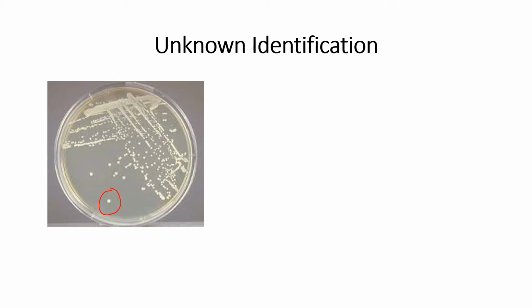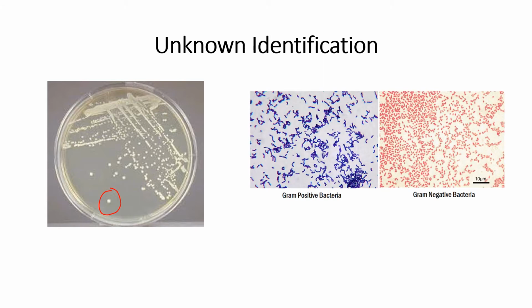Often, after a streak plate has been performed, the next process is a gram stain. A gram stain is going to identify what type of cell wall the bacteria has. Most bacteria are divided into either gram-positive bacteria or gram-negative bacteria. In addition to identifying the type of cell wall, a gram stain also allows you to determine the cell shape.